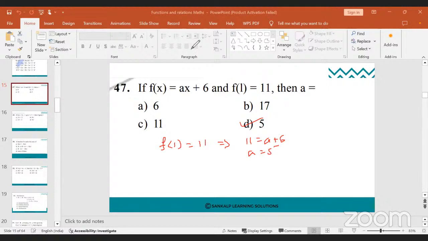Option D is the correct answer. Please write it down. Those who are not given the answer, please write it down or just take the screenshot. Okay, next one.